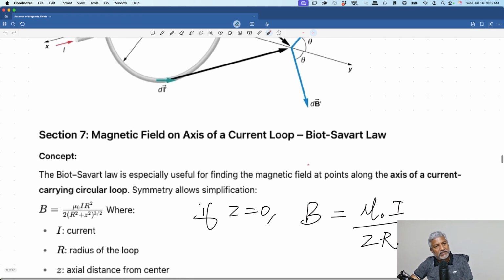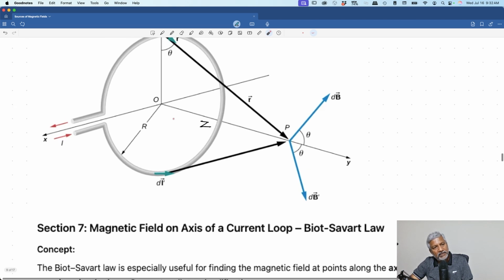So here is a question. What if you want to find the magnetic field here? Would that be where the magnetic field is maximum? Of course, because the further you go away, it should become less. So here it should be maximum. And to get that, all you got to do is substitute Z as 0, because Z is 0.